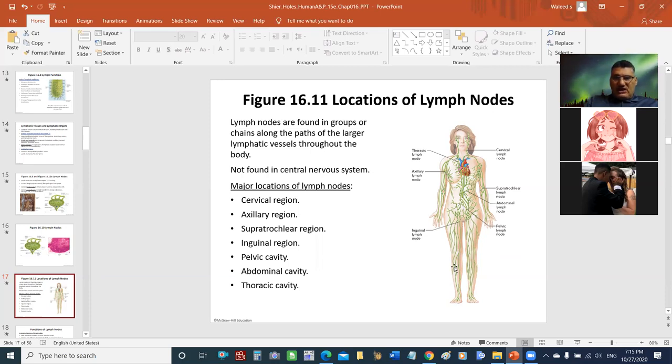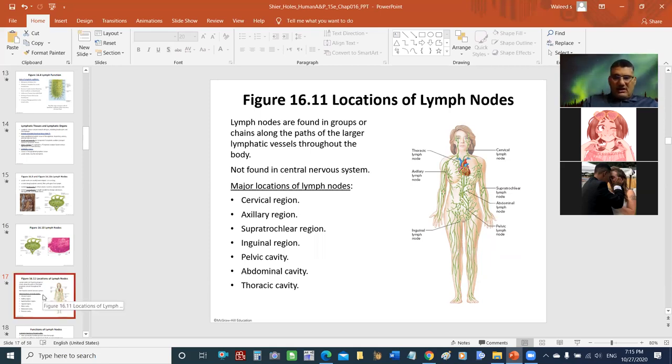And then the inguinal region is draining the lower limb. The pelvic is draining the pelvic region, and the abdominal is draining the abdominal region. So you need to know those seven spots, 1, 2, 3, 4, 5, 6, 7, and what they are draining.